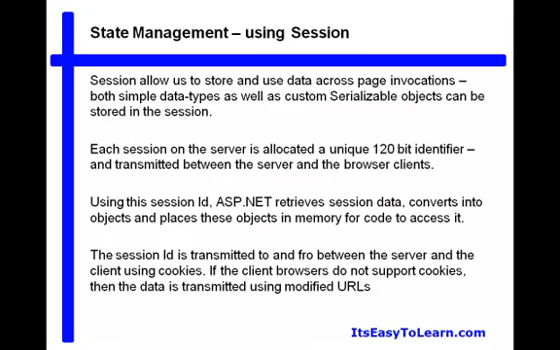This session ID transmitted to and fro between the server and the client is done using cookies. If the client browser does not support cookies, then the data is transmitted using modified URLs. What we need to understand here is that somehow, either using cookies or using modified URLs, this unique session ID is transmitted to and fro between the server and the client.